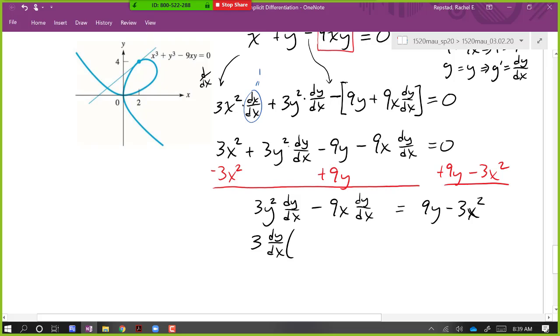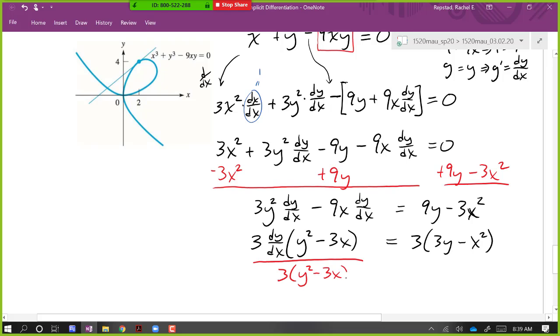And then we have inside y squared minus 3x. Over here, I'm going to factor out the 3 as well. 3 times 3y minus x squared. And then we're ready to divide. I'm going to divide by 3 times y squared minus 3x.